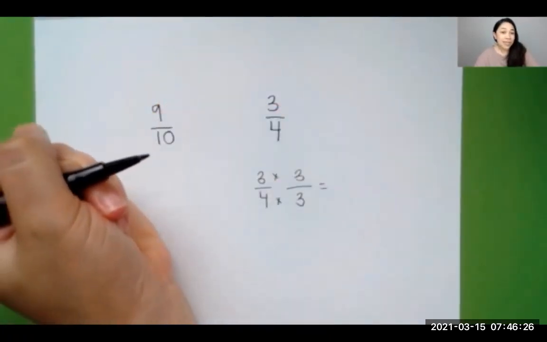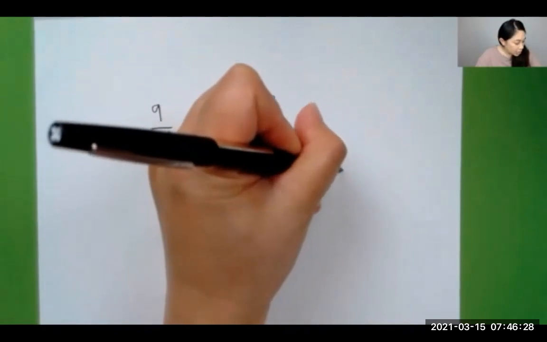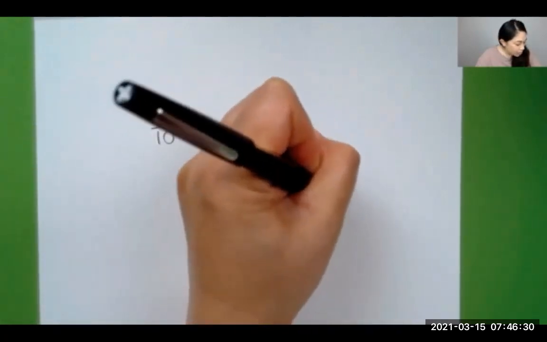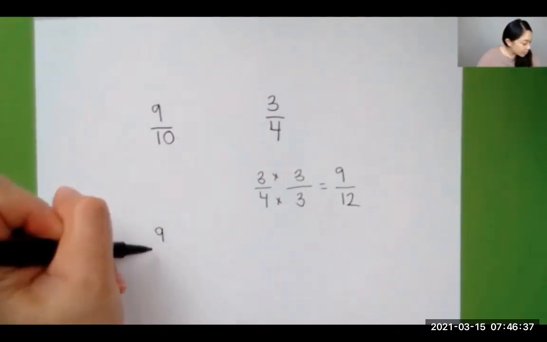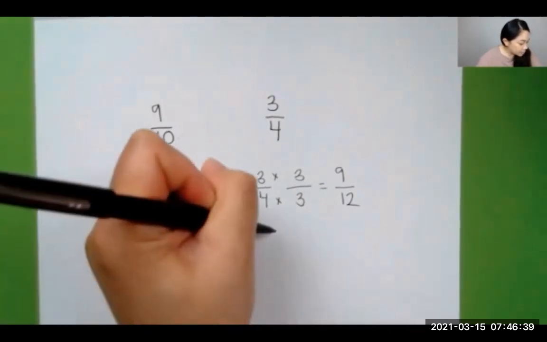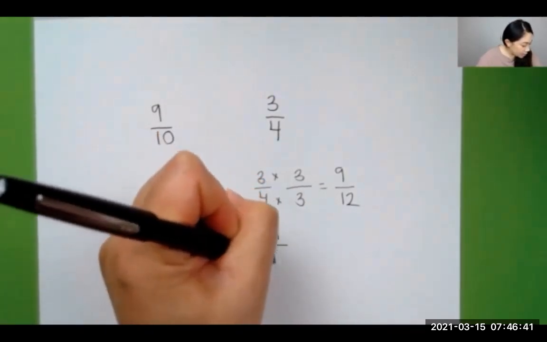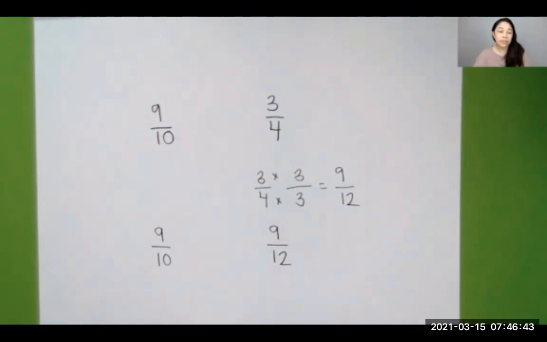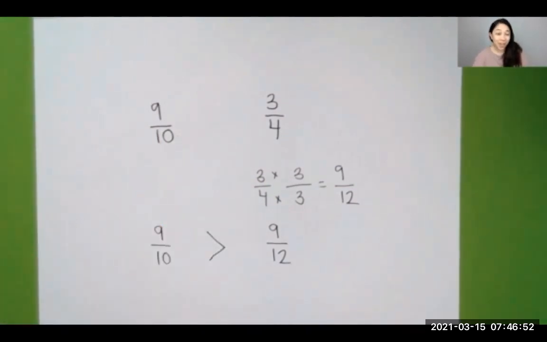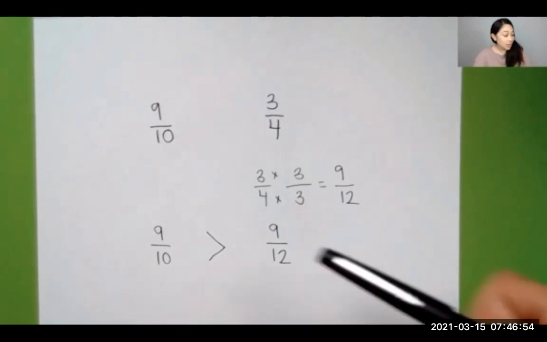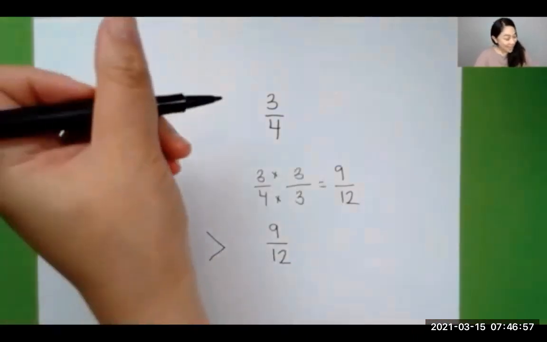When we do this, our fraction is 9/12. We can now compare the fractions 9/10 and 9/12. We know that 9/10 is greater than 9/12. Therefore, 9/10 is greater than 3/4.